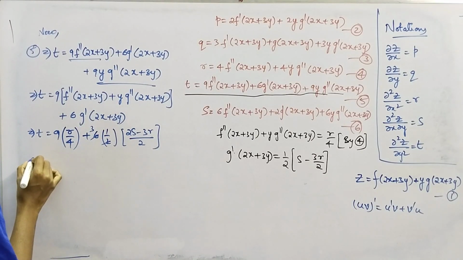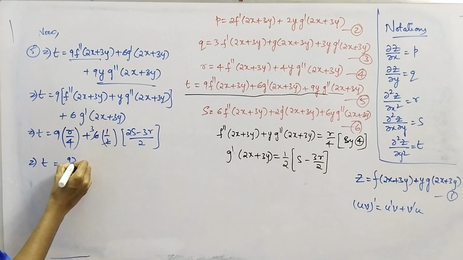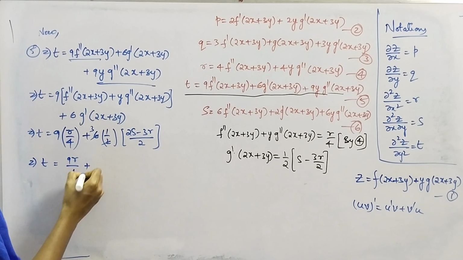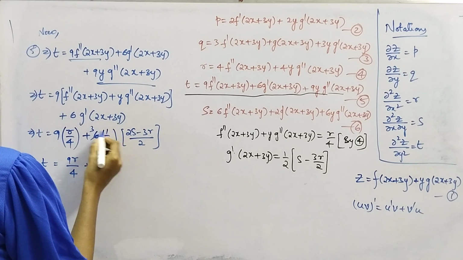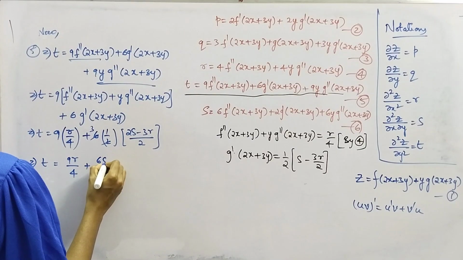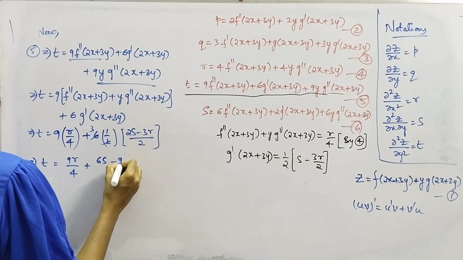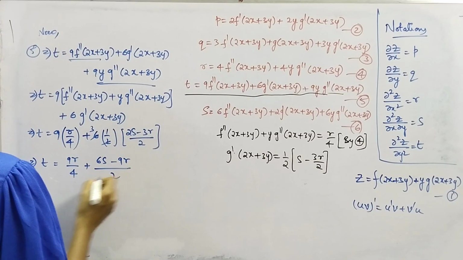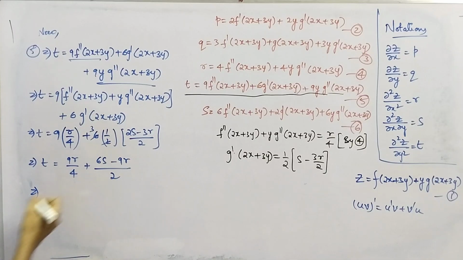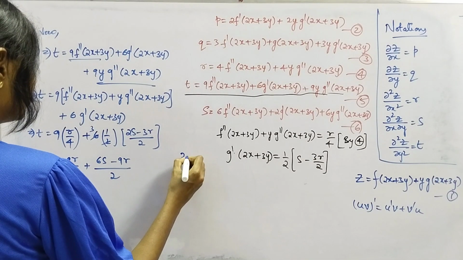Right, this gives us t equal to 9r by 4 plus, 3 2s are 6s minus 3 3s are 9r by 2. Now take the LCM of 4 and 2.